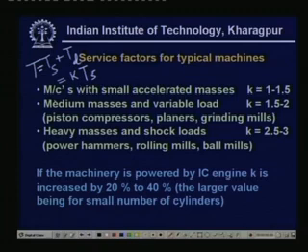Let us see the typical service factors. Now, machines with small accelerated masses, here you see the service factor is 1 to 1.5. Then the medium masses and variable load, that happens for example in piston compressors, in planers, in grinding mills, and the service factor is taken to be 1.5 to 2.